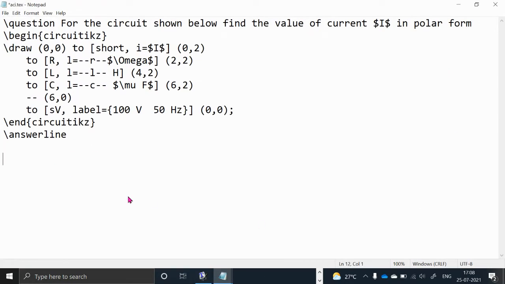Now, after this, I just say begin. So this is a command in LaTeX to introduce the solution. Okay. So now what is the solution? So I'll begin the solution.